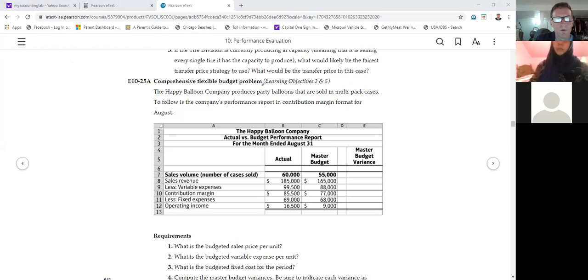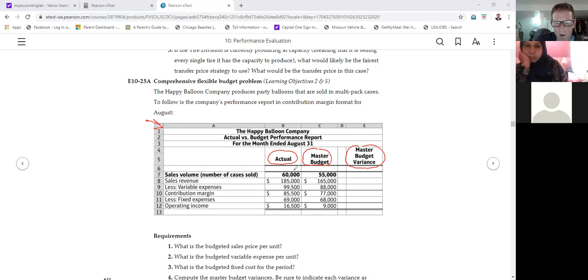All right, it says the Happy Balloon Company produces party balloons that are sold in multi-pack cases. The following follows the company's performance report in contribution format. So they've already given us this spreadsheet. Notice we've got actual results, we've got a master budget, and then we've got a column that says master budget variance.